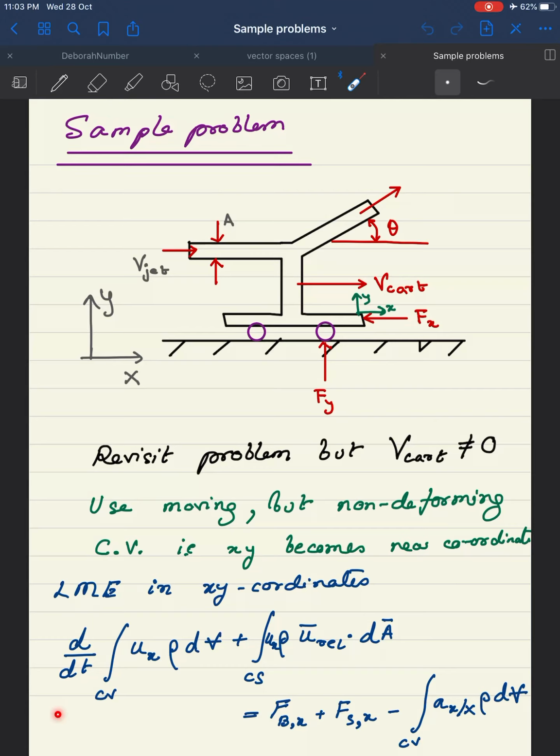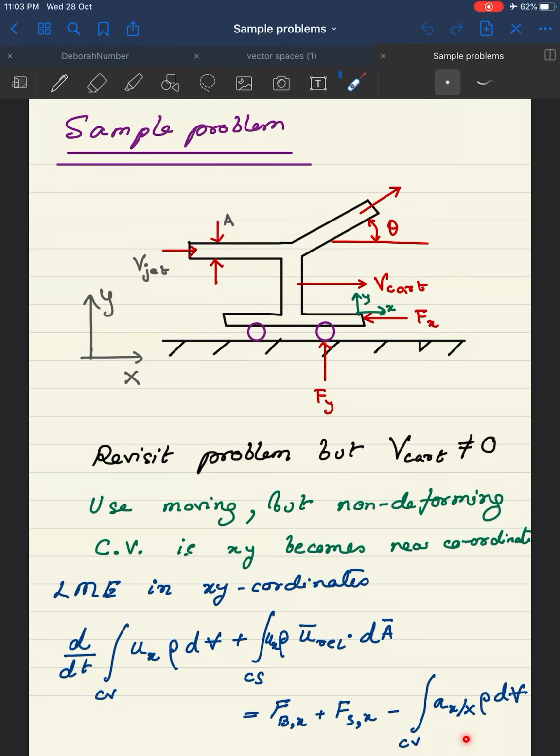So I have written here the modified equation for the conservation of linear momentum with respect to this new axis, which is y small x. These are the new axes with respect to which you'd look at the control volume, and then the control volume would be stationary.